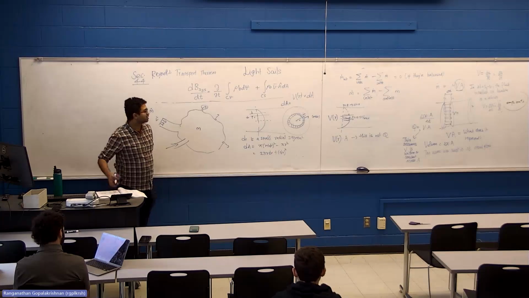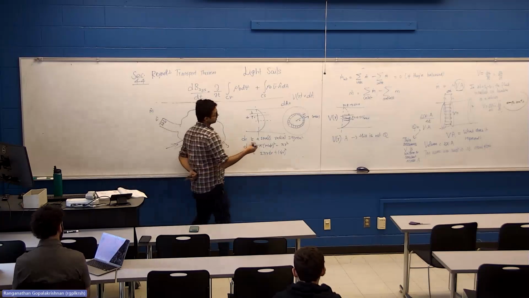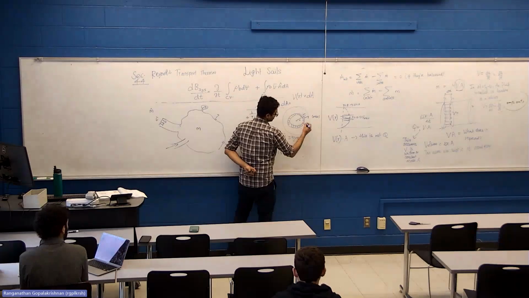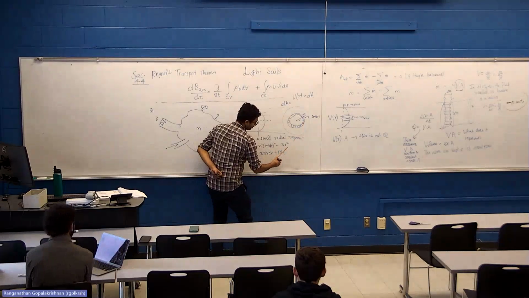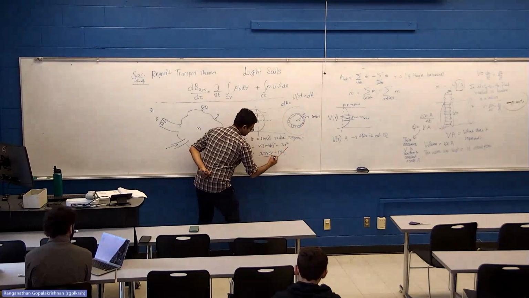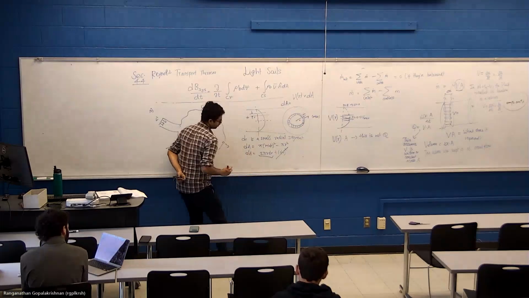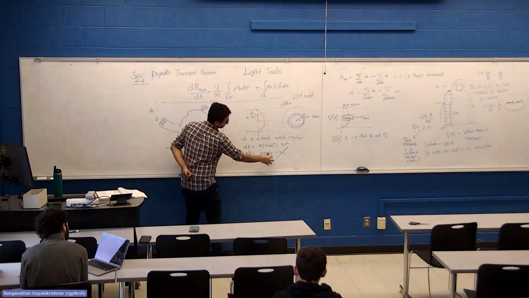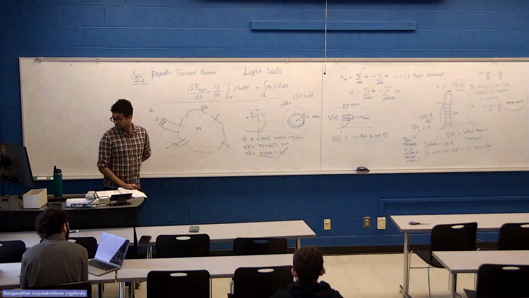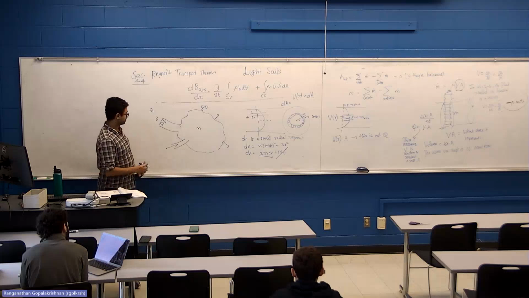Since I started with the assumption that this is a tiny section, we always throw out the second term and call this dA. That is, dA depends on dr, so we are going to do integration soon. 2 more minutes.